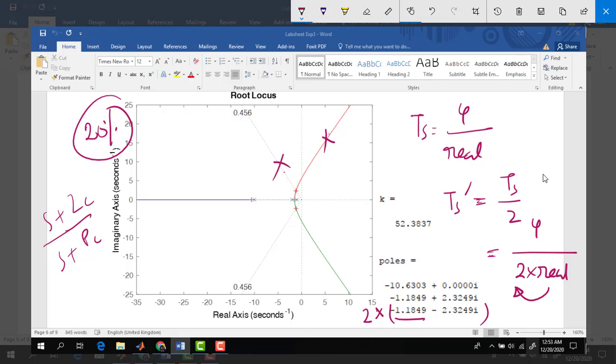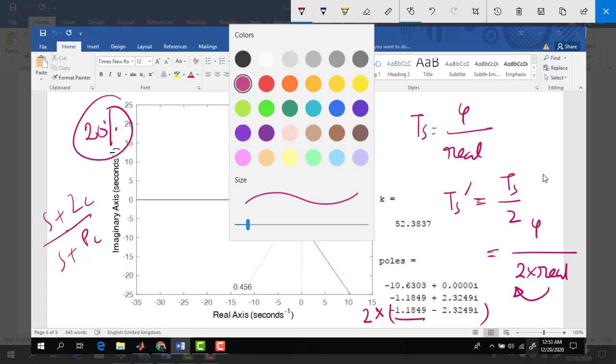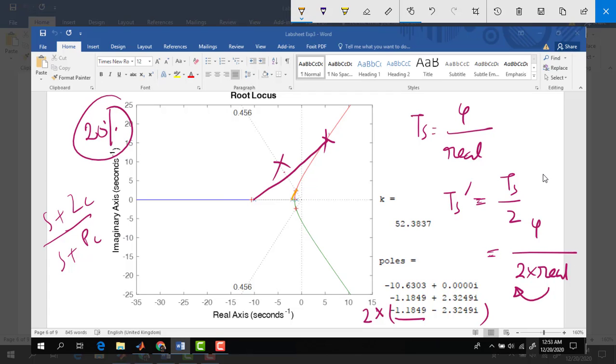If I just consider the contribution from these 3 poles, these are the 3 lines joining the desired point and the poles. Let's say these angles are theta 1, theta 2, and theta 3. Since these are poles, the angle will be negative. So minus theta 1, minus theta 2, and minus theta 3 must be -180.